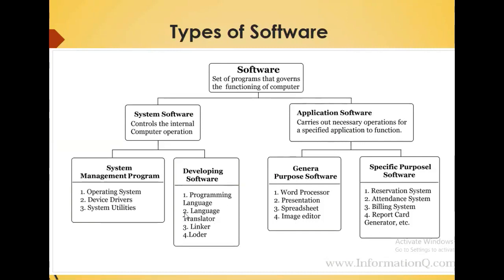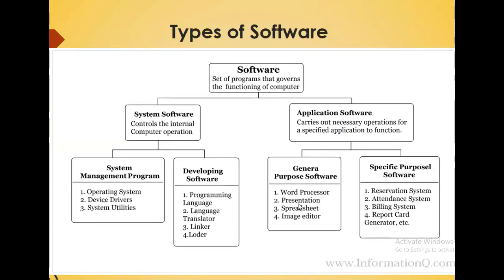So there is software called a language translator, which translates your language into computer-understandable language, because the computer can understand only 0 and 1, that is on and off. Whatever code you write is translated by the language translator into machine-readable code. Then there is the linker, which links files that are needed in your program, and the loader, which loads the file when it is asked.